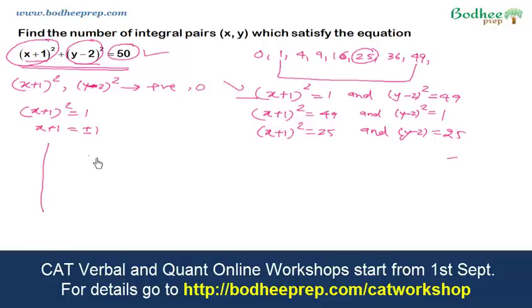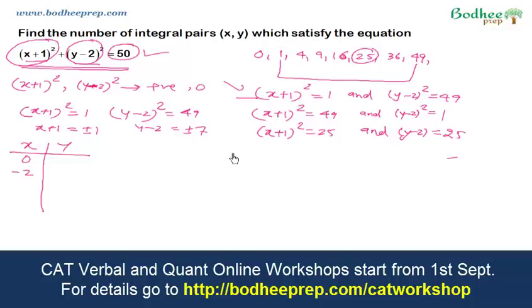So let me make a table for x and y. If I take plus 1, then the value of x would be 0, and if I take minus 1, then the value of x would be minus 2, and the corresponding value of y would be, y minus 2 whole square is equal to say 49. Then y minus 2 has to be plus minus 7.